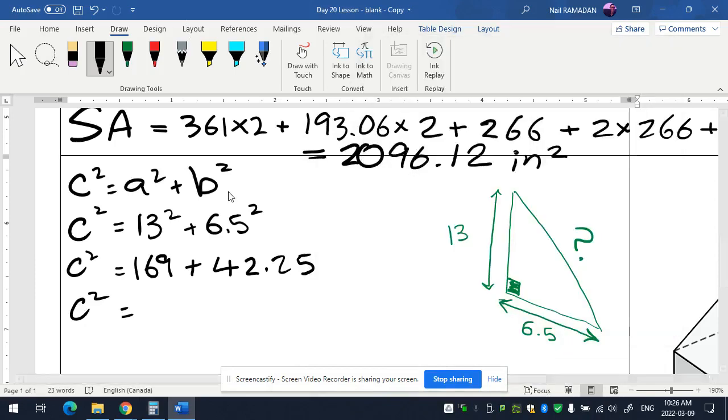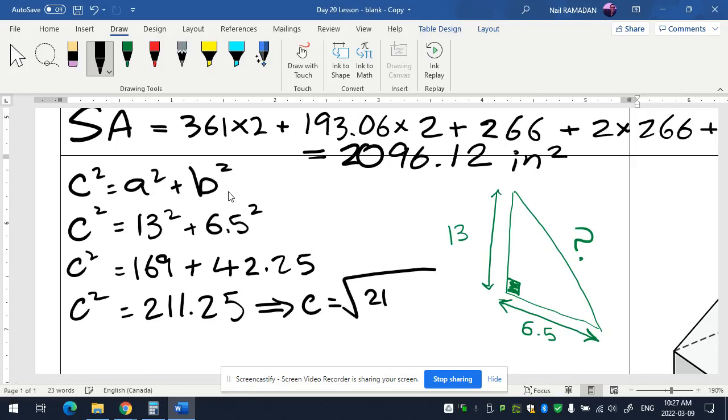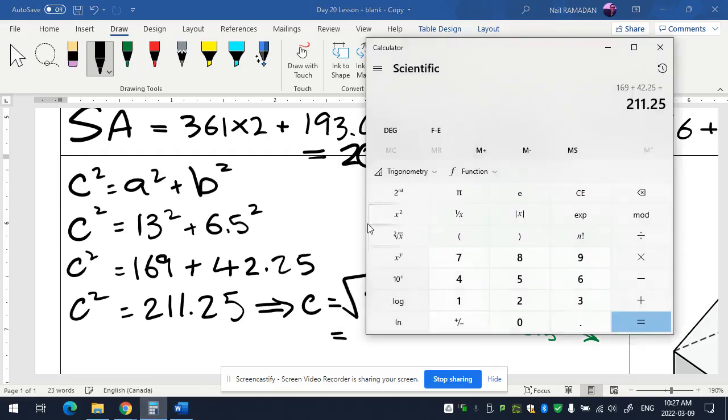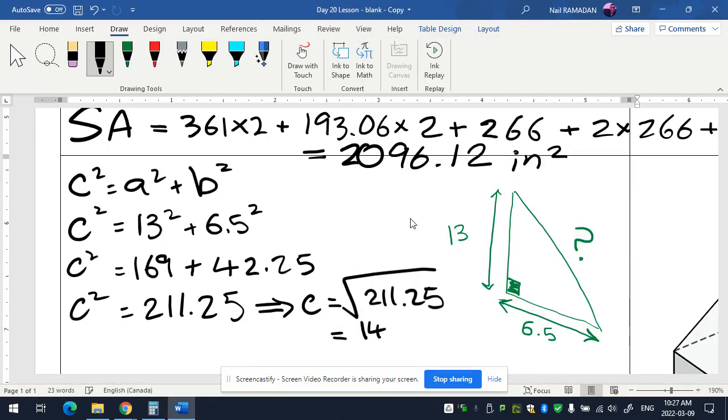To 211.25. What do I do with this number? Always find the square root. Yes. I'll go with 14.53. What's the unit of measurement here? Feet.